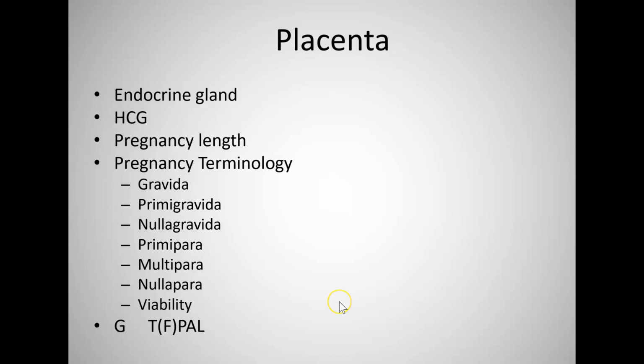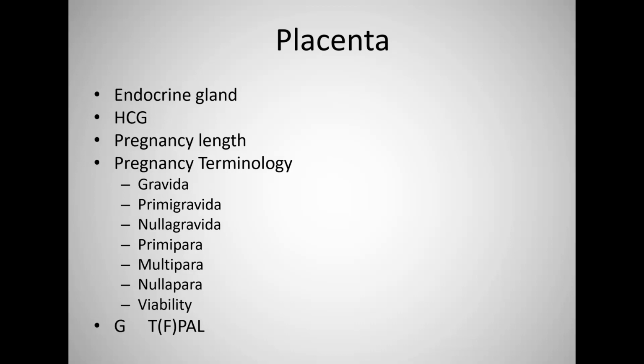So we have the placenta. The placenta produces progesterone, and progesterone supports the pregnancy at 7 weeks and takes over this function completely from the corpus luteum at around 10 weeks. Remember, I said that? HCG, human chorionic gonadotropin, is that hormone, and it helps in the growth and maintenance of the fetus.